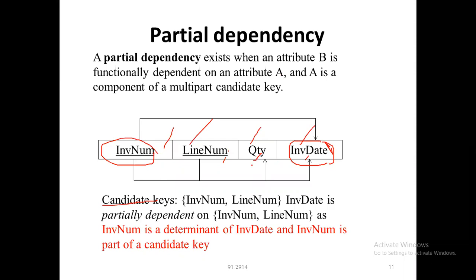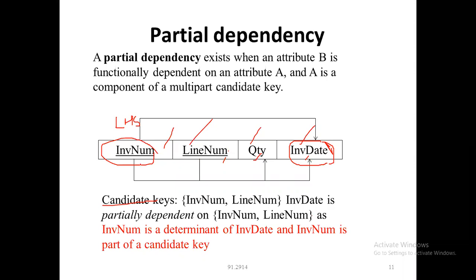So invoice number is the determinant of invoice date.